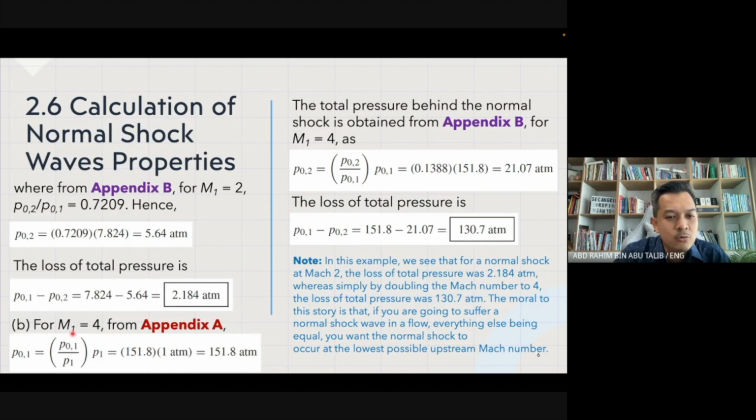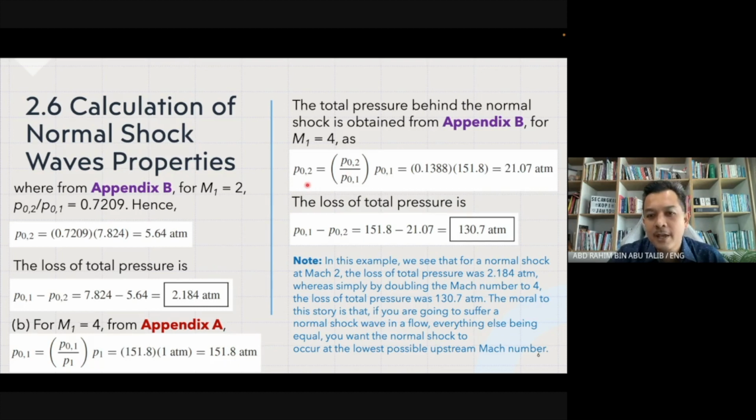Earlier M1 equal to 2, now M1 equal to 4. We have increased M1 to 4, and you look into Appendix A again. You will find the P01 over P1 value at Mach equal to 4, and you then obtain the corresponding value for P01, which is 151.8 atm. Then, using the same approach, the total pressure behind the normal shock is obtained from Appendix B for M1 equal to 4.